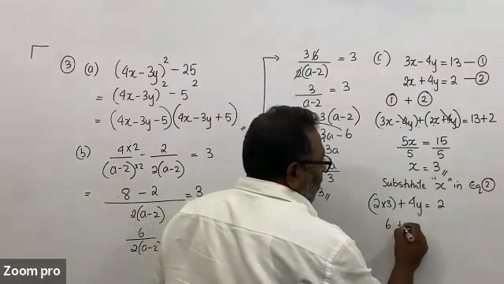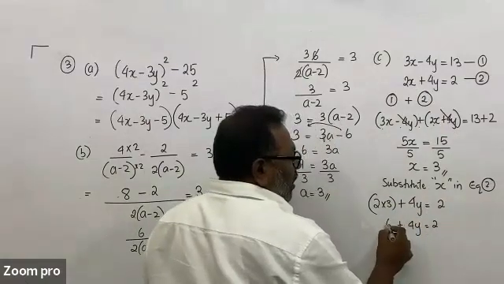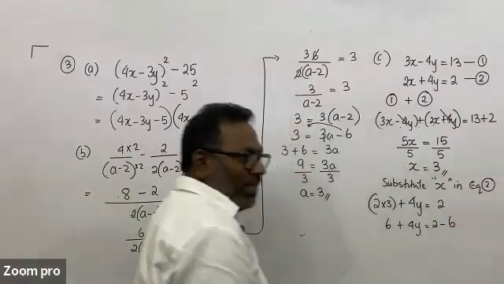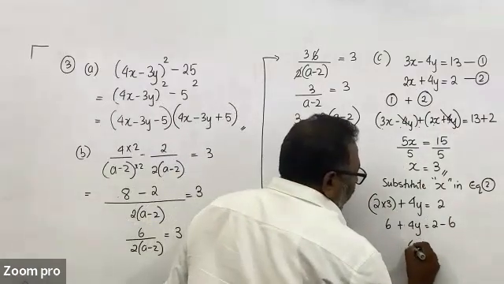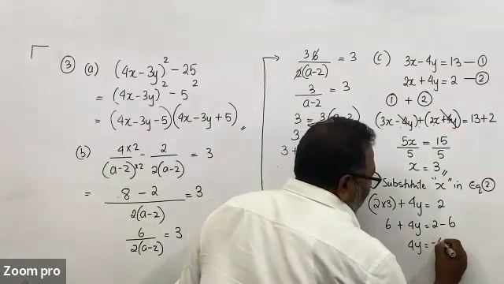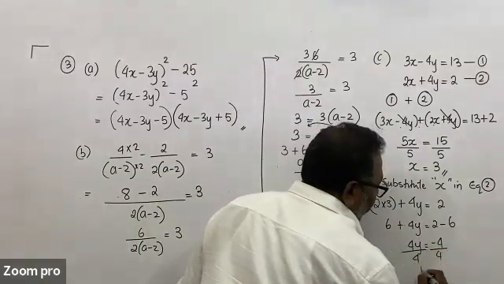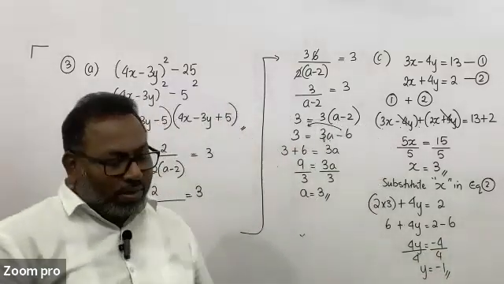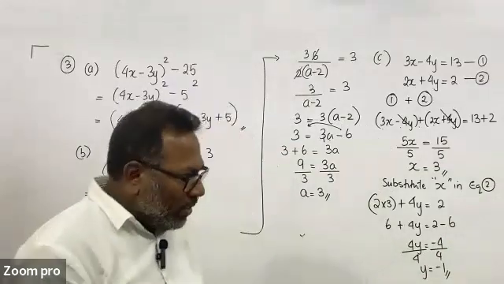So 6 plus 4y is equal to 2. The plus 6 when it comes to this side becomes minus 6. So 4y is equal to minus 4. Divide by 4, divide by 4, y is equal to minus 1.